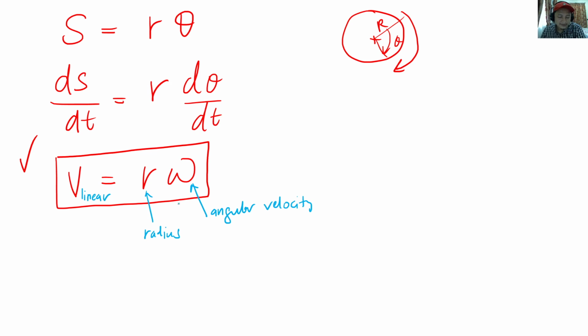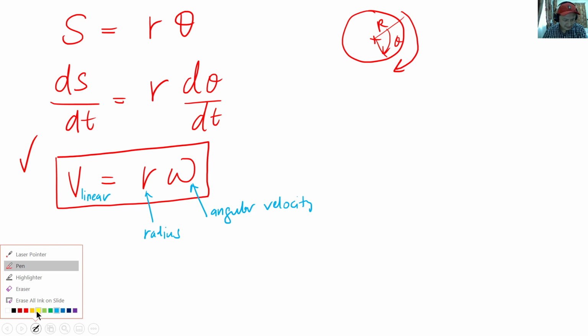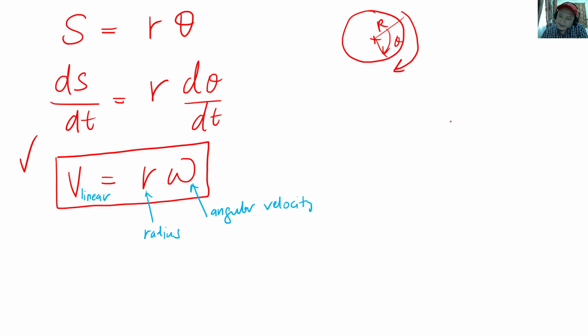So this is what I was trying to get to, which is linear velocity is equivalent to radius times the angular velocity. Meaning, what does this mean?